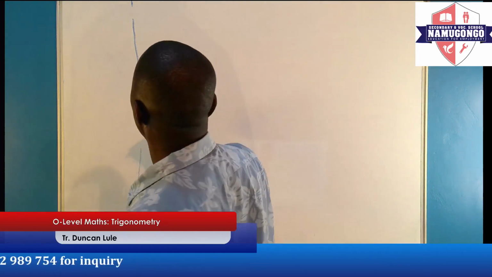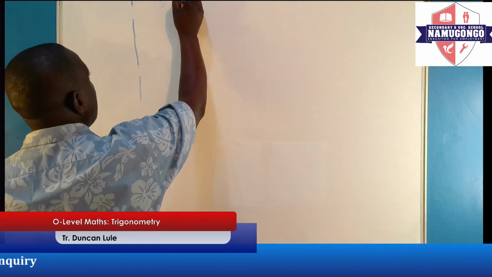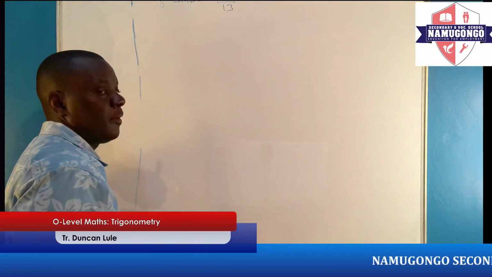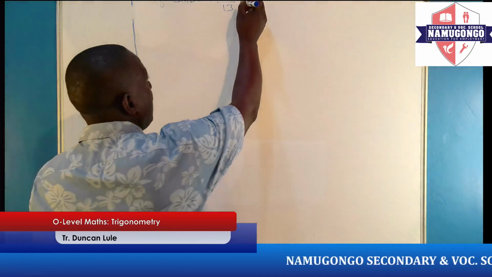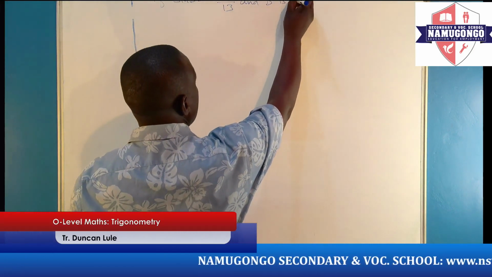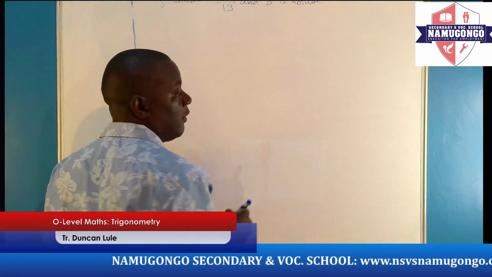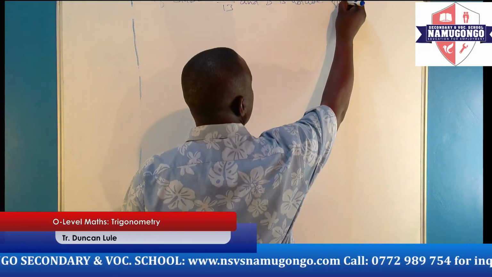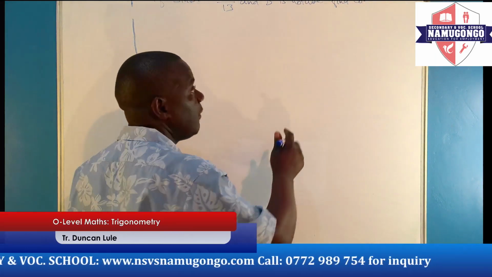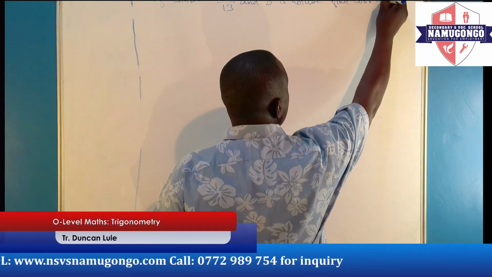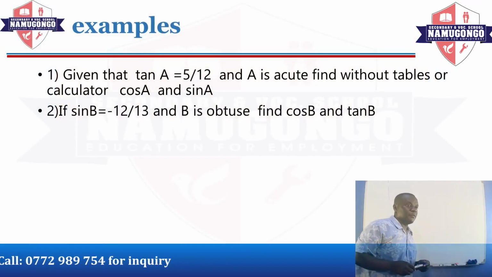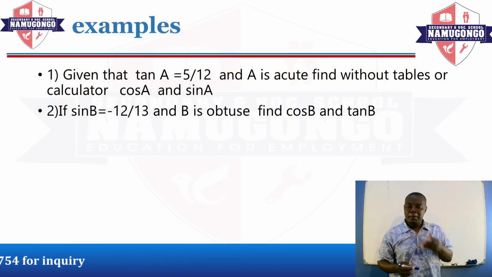Okay, my last example is: if sine B is negative 12 out of 13 and B is obtuse, find cos B and tan B. Yes, you are given this second number.